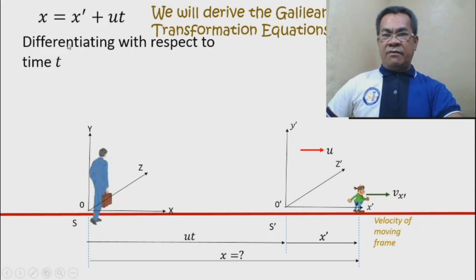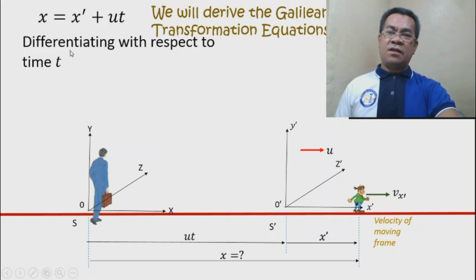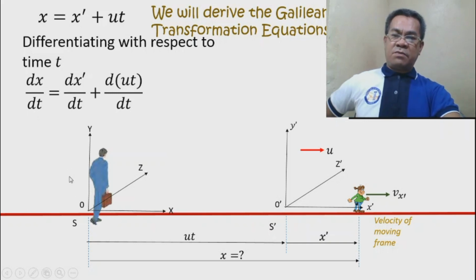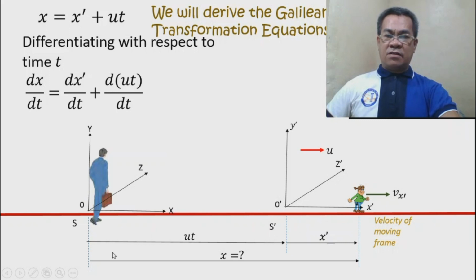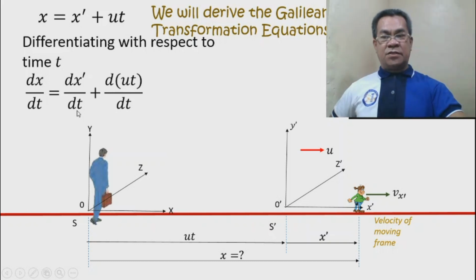Okay, so differentiating this equation with respect to time, take note that the change of position with respect to time is velocity. If you take the derivative with respect to t, the result becomes dx over dt. Dx means the infinitesimal displacement of the particle with respect to the S frame, while dx prime over dt is the infinitesimal change of the position of the particle inside the moving frame.